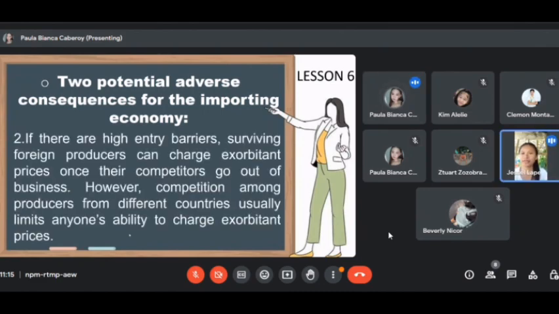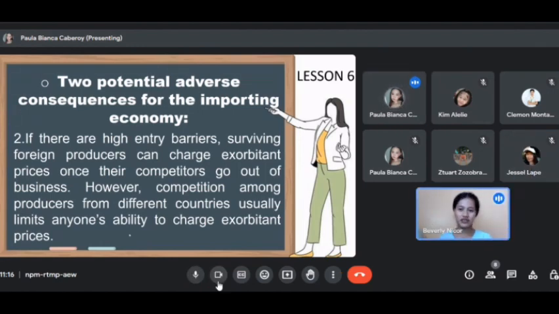If there are high entry barriers, surviving foreign producers can charge exorbitant prices once their competitors go out of business.